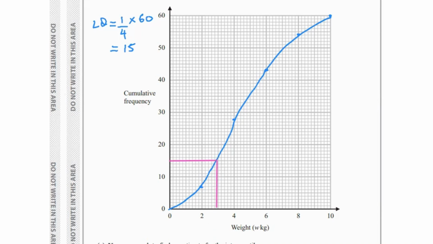That's 2.9. And then we do the same for the upper quartile. That's going to be 3/4 of 60, which is 45.